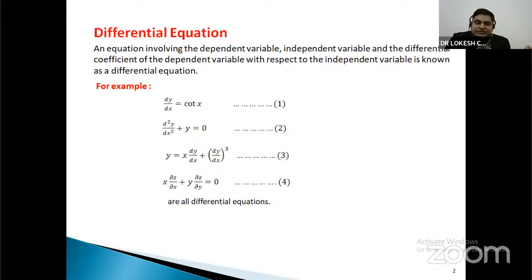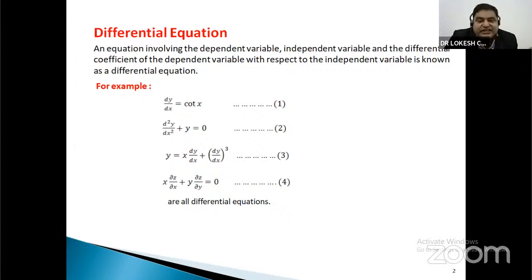Now see example number 3 and example number 4. Example number 4 is x ∂z/∂x plus y ∂z/∂y equals 0. In example 4, we have a dependent variable with more than one independent variable, x and y. Here z is a function of x and y. ∂z/∂x and ∂z/∂y are the partial derivatives of z with respect to x and with respect to y.